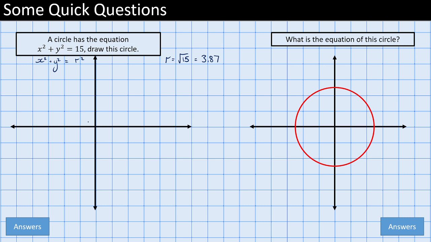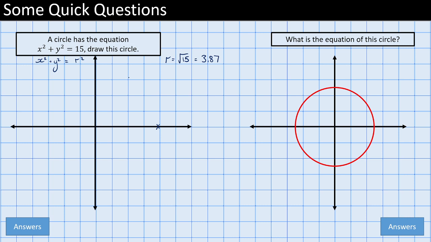Now, my advice when drawing circles, if you've got your compass, measure out 3.87 units. So for me, that would be like there. Measure out your compass, and then draw your circle. Okay. If you don't have a compass, first of all, get a compass.